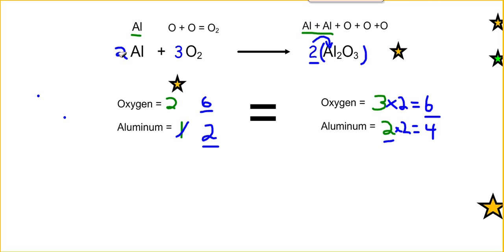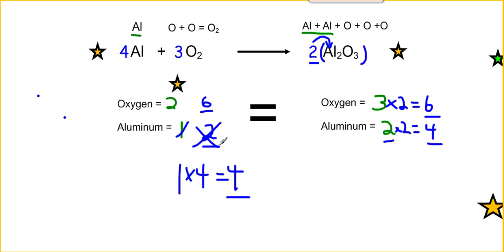Because what we can do is erase this 2 right here, and instead put in a 4. I got a fancy 4 to come over here. And down here, I had 1, and now I'm multiplying by 4, and now I have 4 on this side. So now I have 4 here and 4 here, and this is balanced.